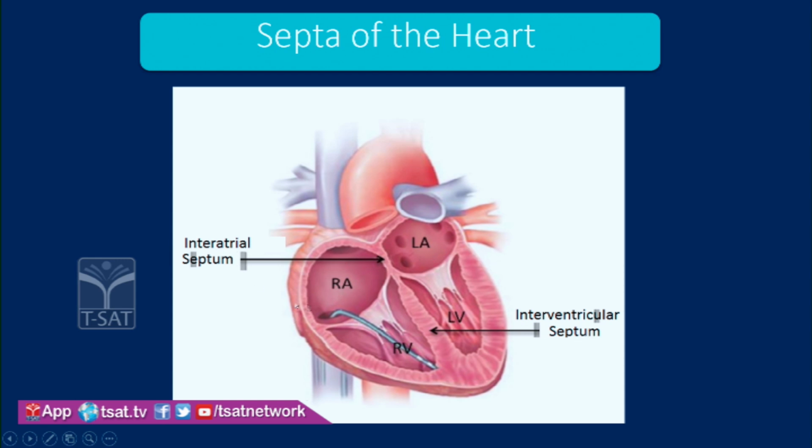Interatrial septum separates the 2 auricles. Interventricular septum separates the 2 ventricles. This complete deep groove-like structure is called, in a single term, septa.